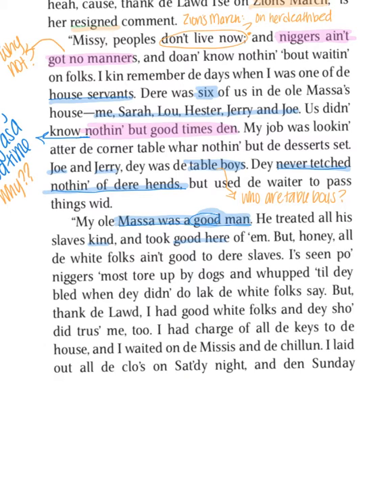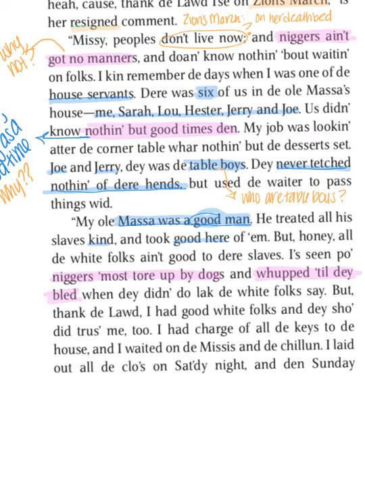"But honey, all the white folks ain't good to their slaves. I seen most tore up by dogs and whooped till they bled." Wow. Guys, this is a big image here. "I've seen," that word again, "most tore up by dogs and whooped," or whipped, "till they bled."